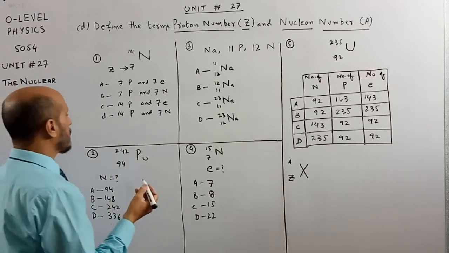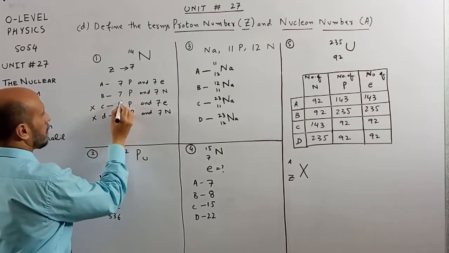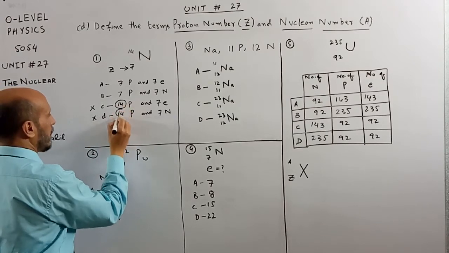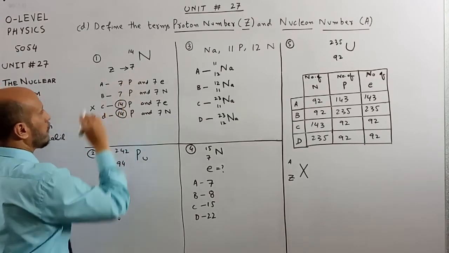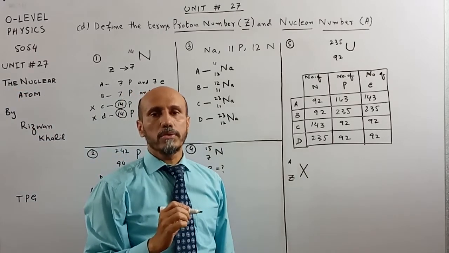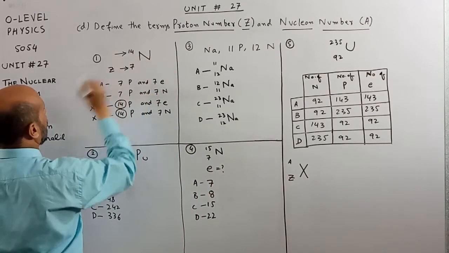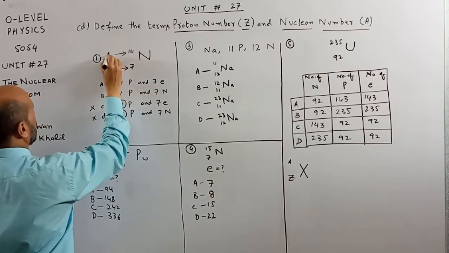Which two options are omitted? C and D, because the number of protons there is 14, while according to the formula the value of Z is 7, and this is the value of A.